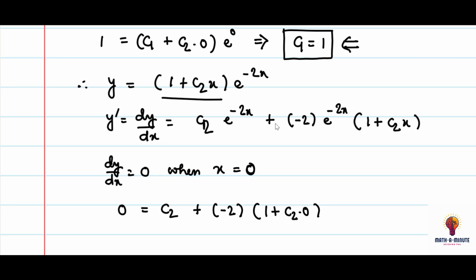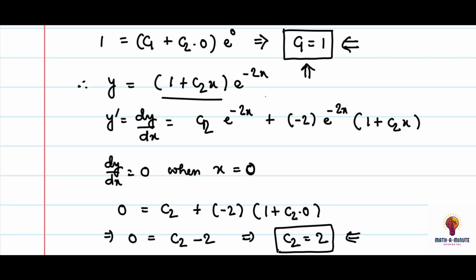So we get 0 equals c2 minus 2. So we can say that the value of c2 equals 2. Here, using this initial condition, we get c1 equals 1 and c2 equals 2.